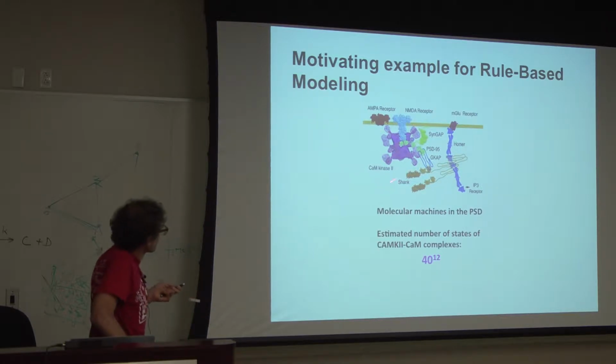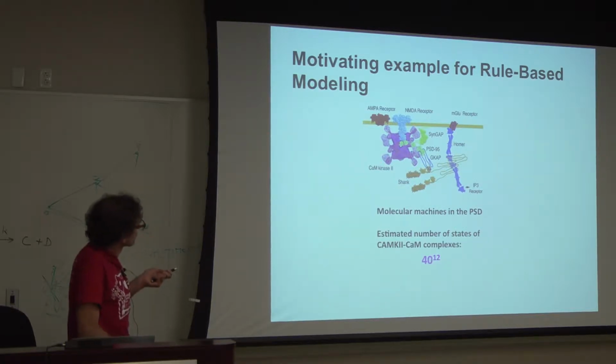So, for example, the CaMKII kinase, which is one of the central molecular signaling hubs present here, is present as a dodecamer. Okay, so there are 12 subunits of that complex. Each one of these subunits has kinase activity, and each one has phosphorylation sites. And so the state space, the possible number of different configurations of just this one 12-member cluster, is astronomical, and it's represented here.